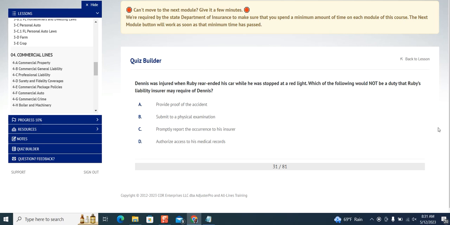Submit to a physical examination? No, I don't think he has to do that. Properly report the occurrence to his insurer. He has to do that. Authorization to access his medical records. Now they probably don't need that.